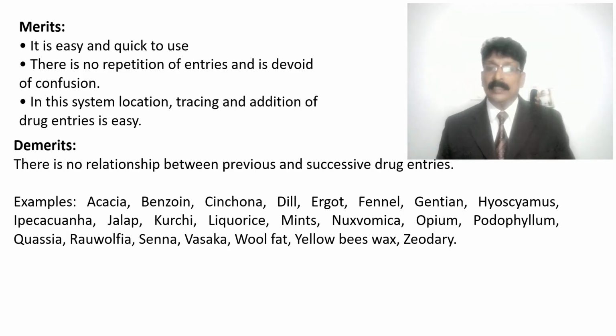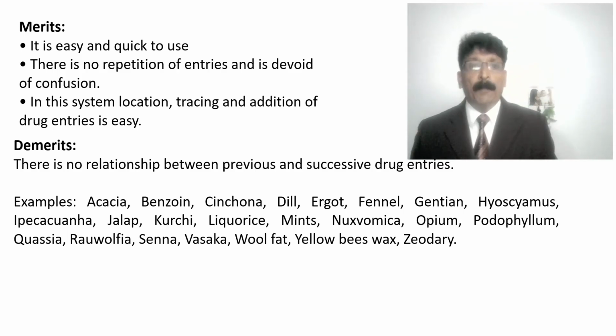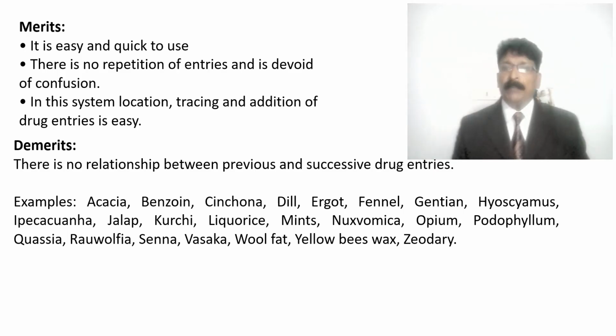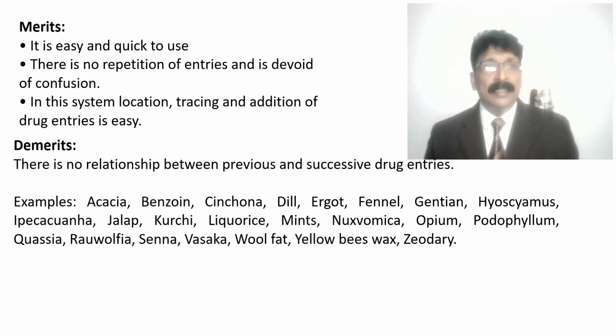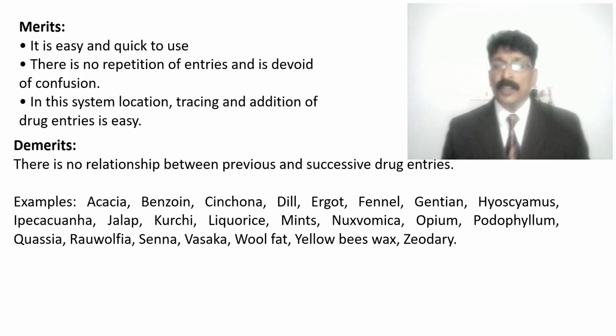Dill, ergot, F for fennel, gentian, hyoscyamus, ipecacuanha, jalap, kurchi, licorice, mints, nux vomica, opium, podophyllum, quassia, rauwolfia, senna, vasaka, wolfat, yellow beeswax, zedoary.